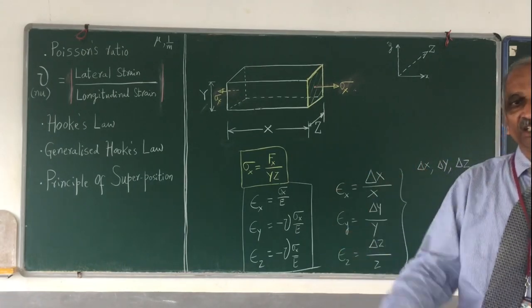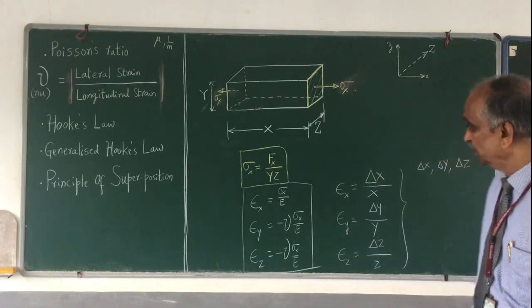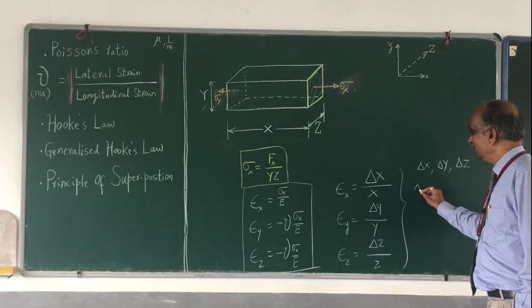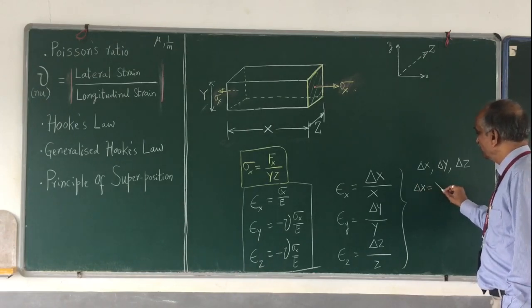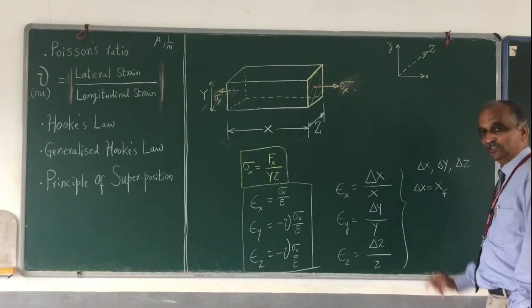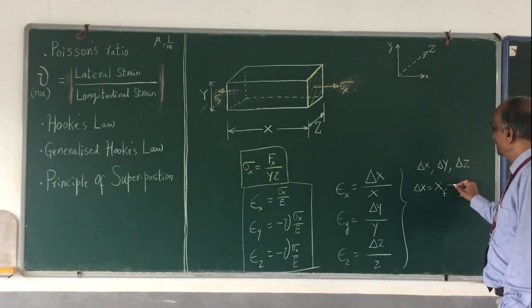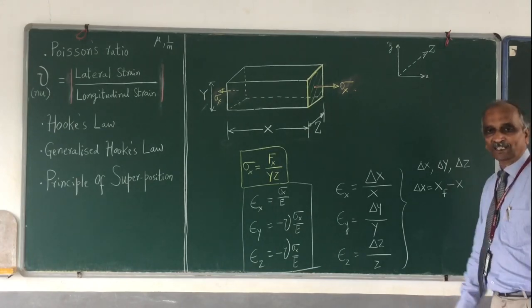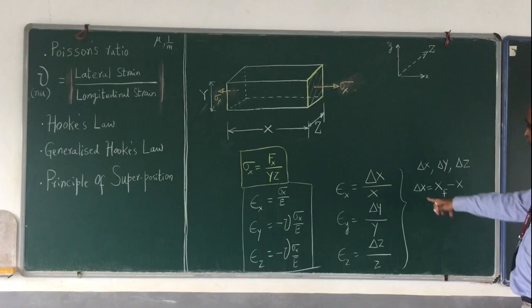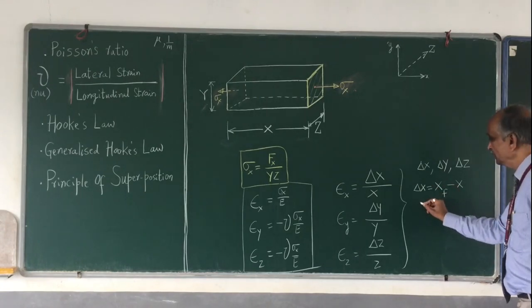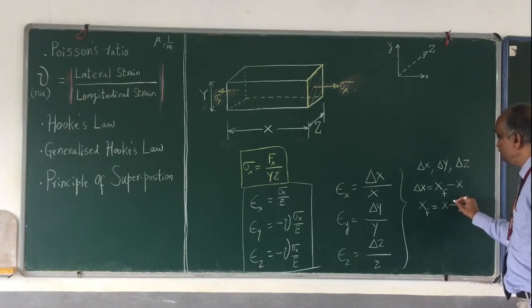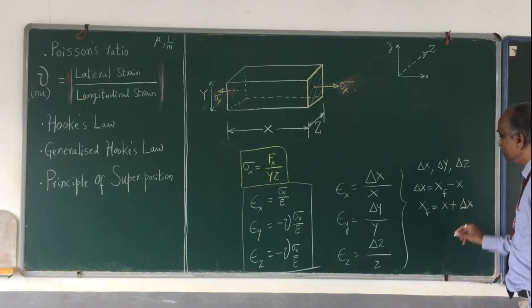What is delta x? The change in the dimension x. Please remember, delta x is nothing but the final dimension minus the initial dimension. Initial dimension is x, so xf is equal to x plus delta x.